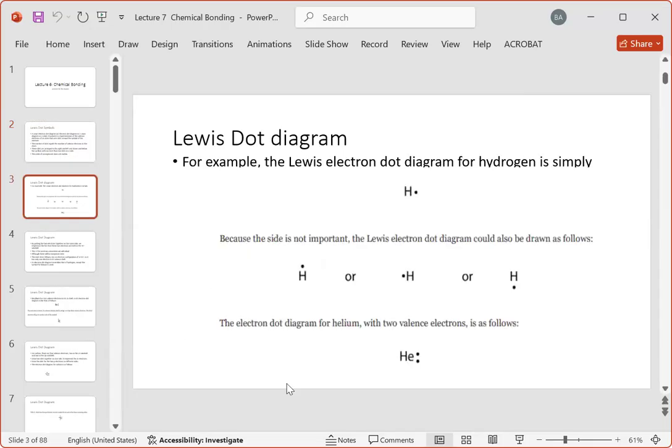How to bond atoms. We learned that the outside electrons we call valence electrons, and those are the ones that participate in chemical reactions.